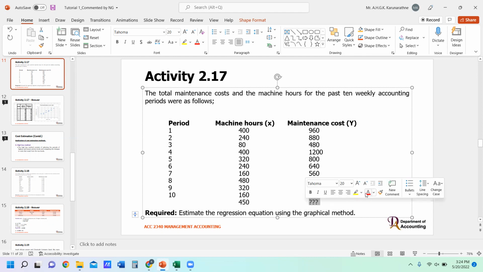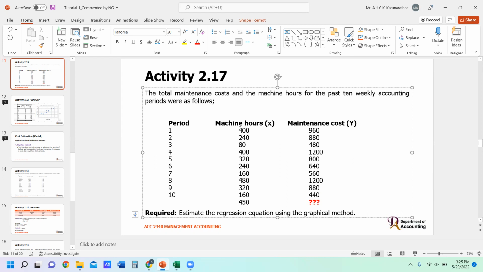For this purpose, based on our historical observations, we can develop a relationship between the machine hours operated and the resulting maintenance cost.